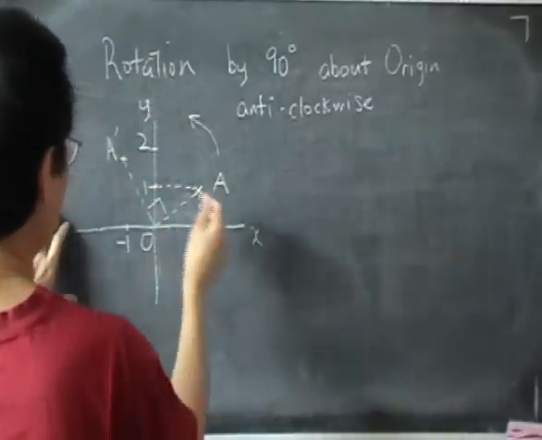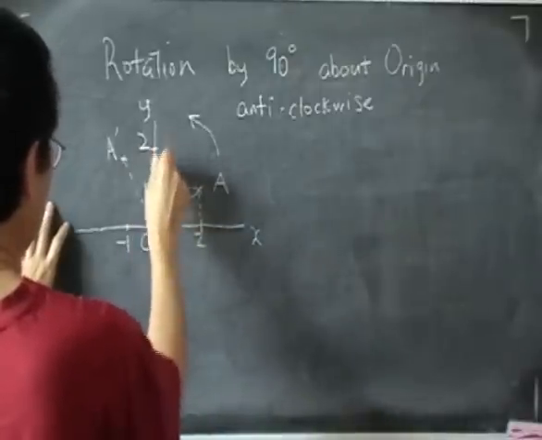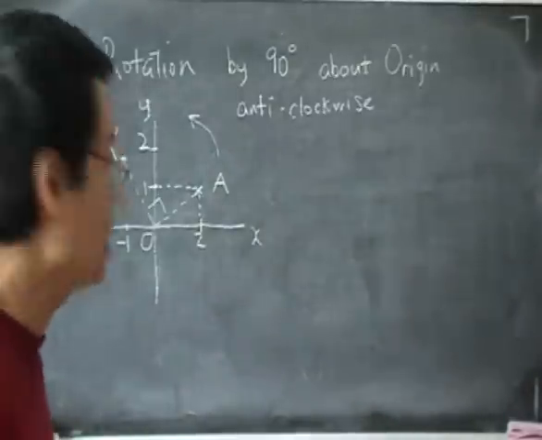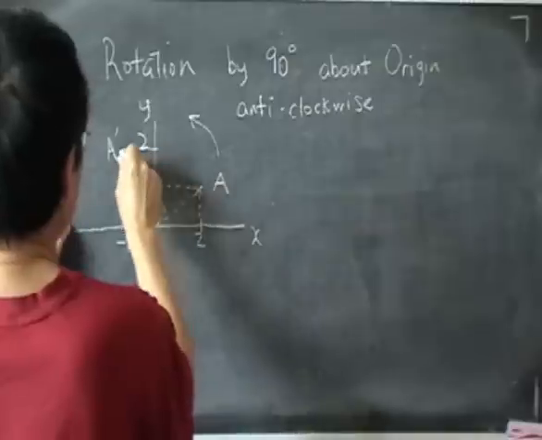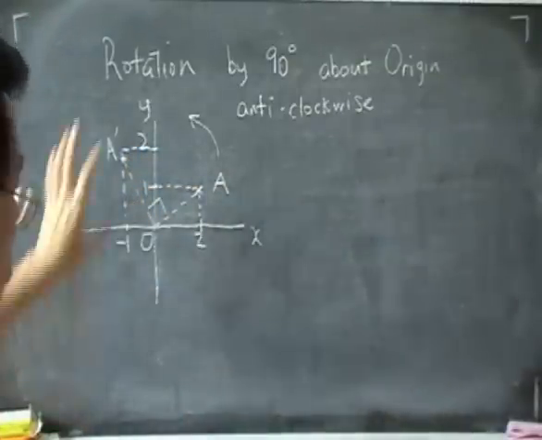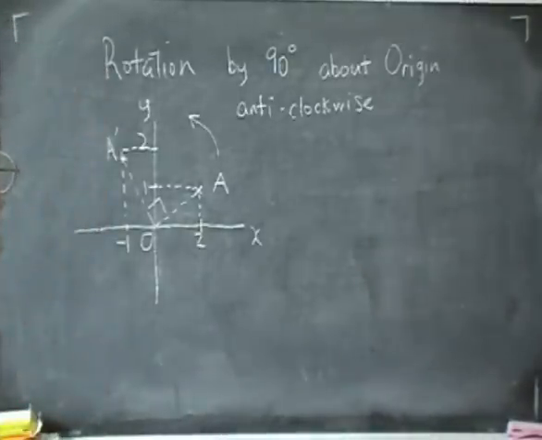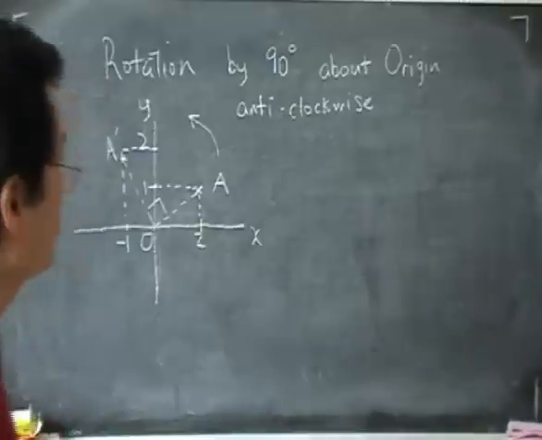So therefore, if we now complete this rectangle with the two new sides, this is what we get. That's a rotated rectangle. And the remaining corner must therefore be the image A prime.